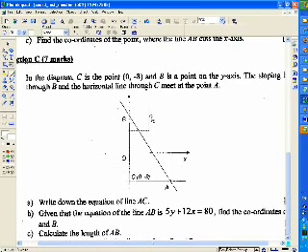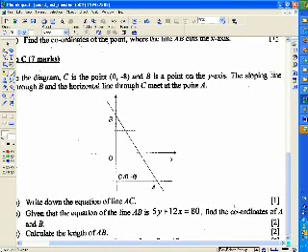However, in this case, we don't know what that y is. Then we carry on with the question. The sloping line through B and the horizontal line through C meet at the point A, meet at this point A over here.